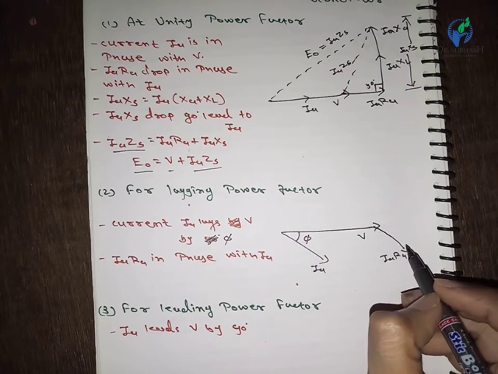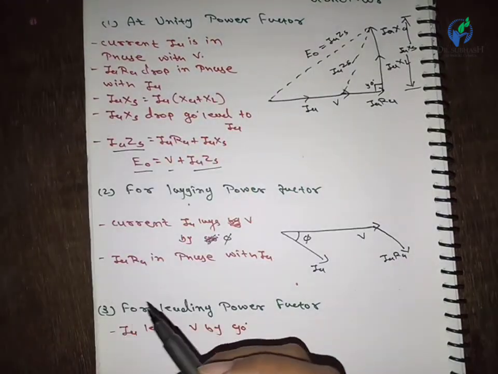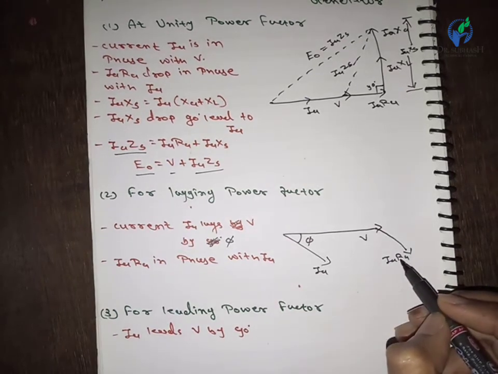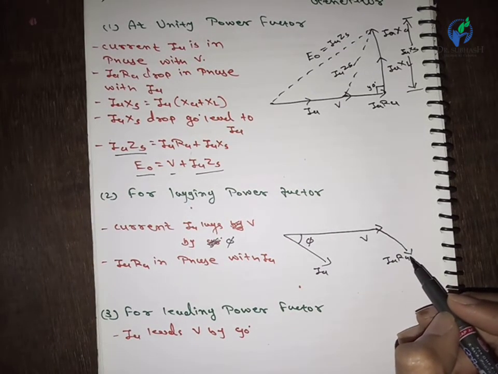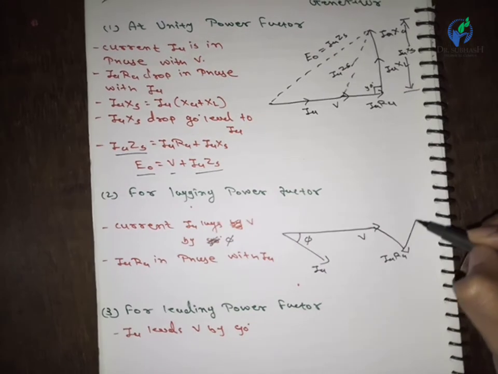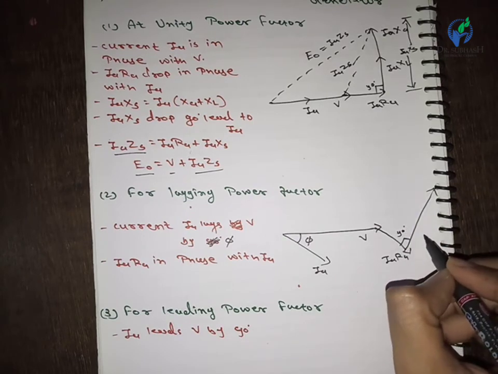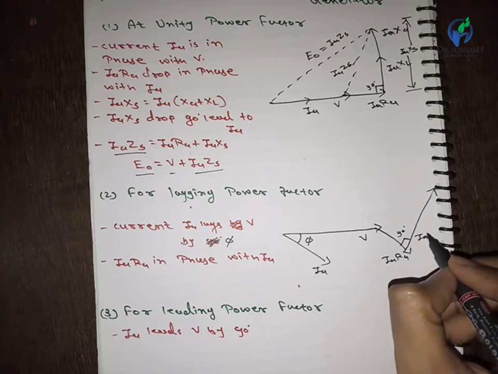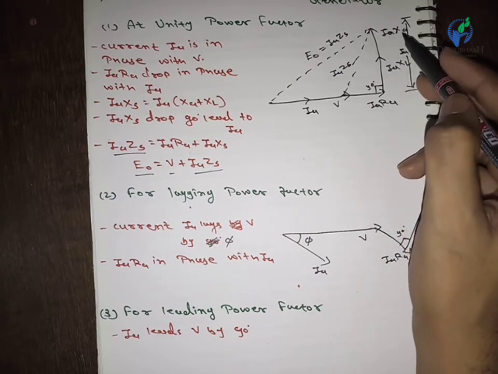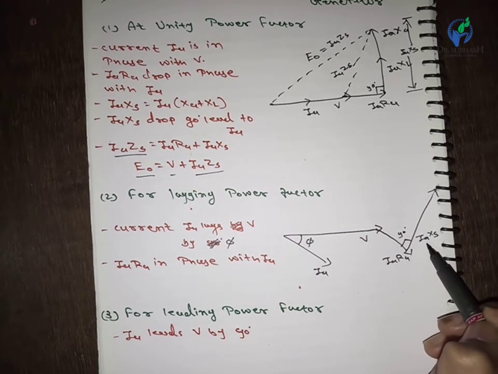Similar to what was explained for unity power factor, we can conclude the output voltage. When we draw the Ia into Xl line, it is at 90 degrees to Ia into Ra. This line is known as Ia into Xs, that is Ia into Xl plus Ia into Xa.